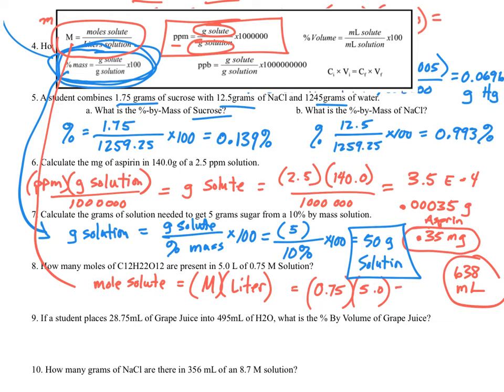So we will end up in moles. 0.75 times 5 gives us 3.75. 3.75 moles of the solute, the C12H22O12.